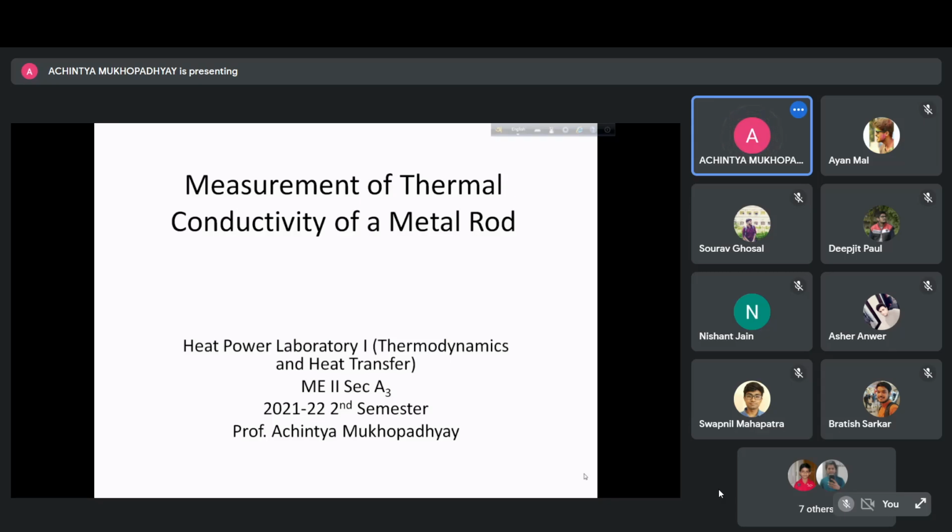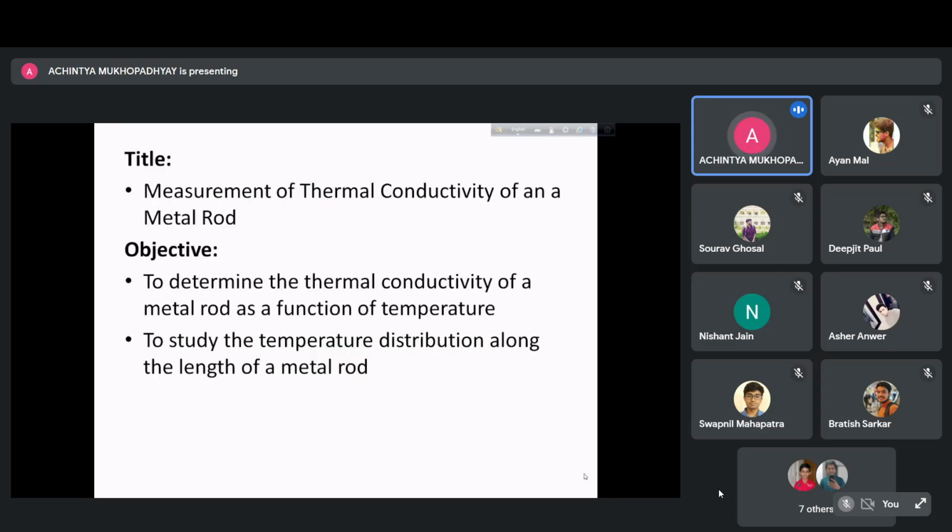So the objective of the metal rod experiment is to determine the thermal conductivity of the metal rod as a function of temperature and to study the temperature distribution along the length of the metal rod. Actually, the objectives are given in the sequence of their importance, but if you think of the sequence of execution, then it should be the other way around.